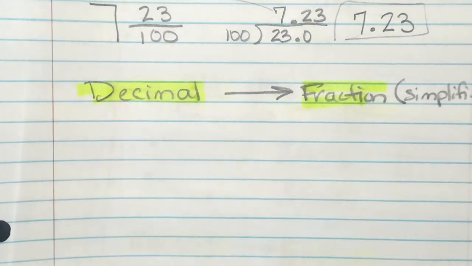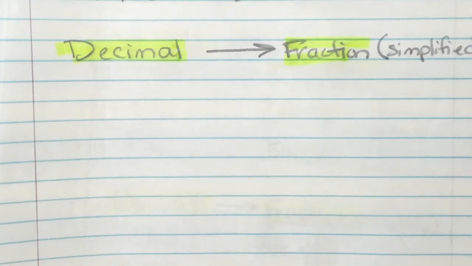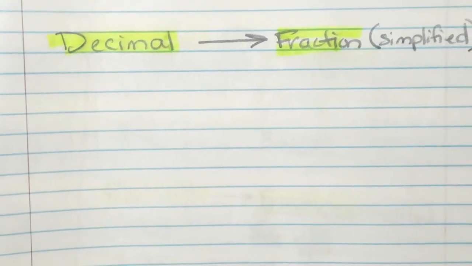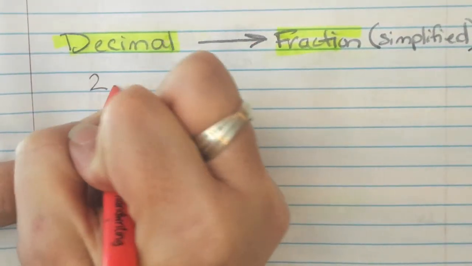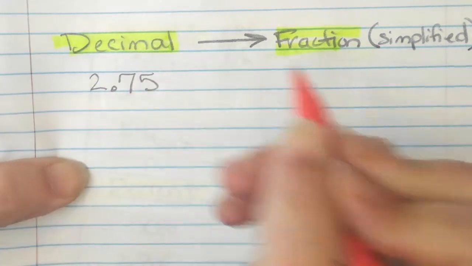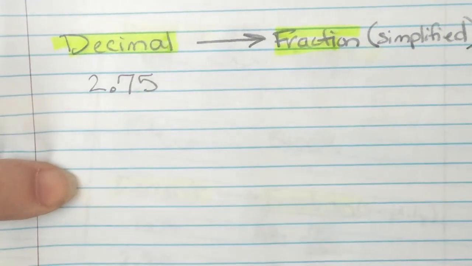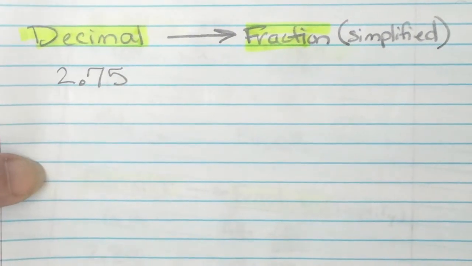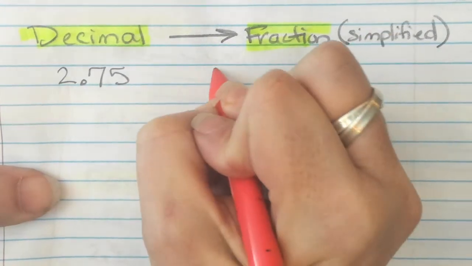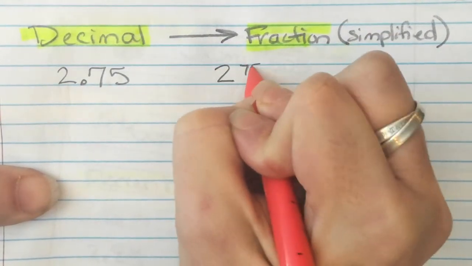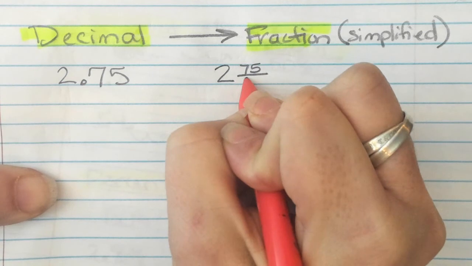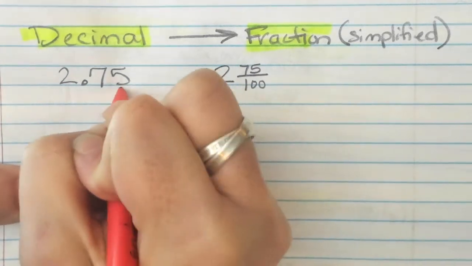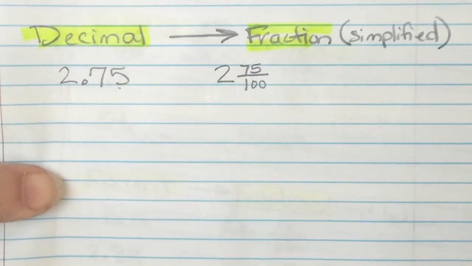Okay. So, let's see. Something like 2.75. Okay, so instead of reading it 2.75, we really need to read it as 2 and 75 over 100, because that 5 is in the hundredths column.